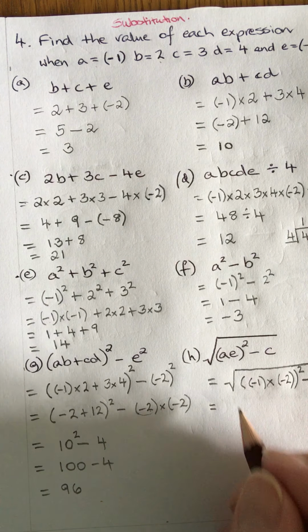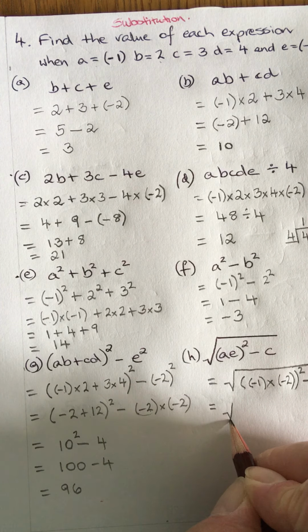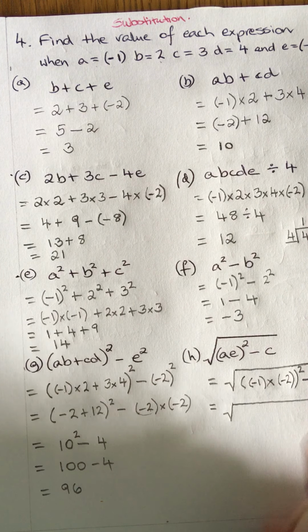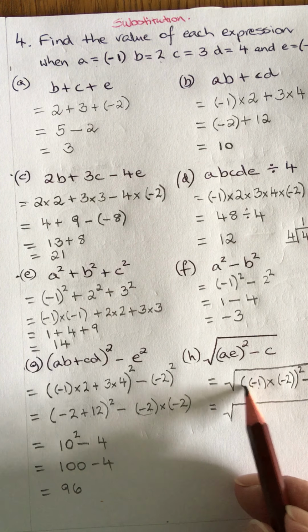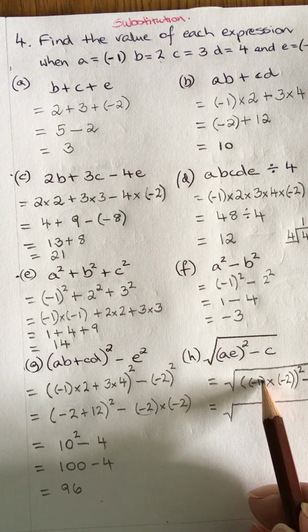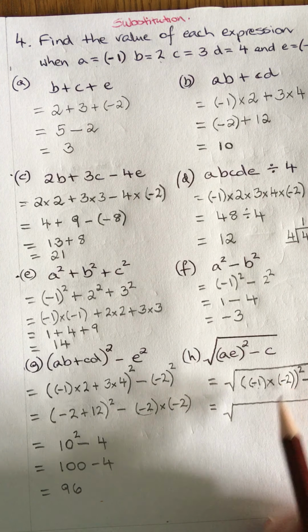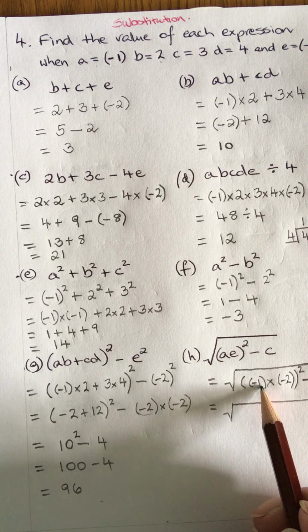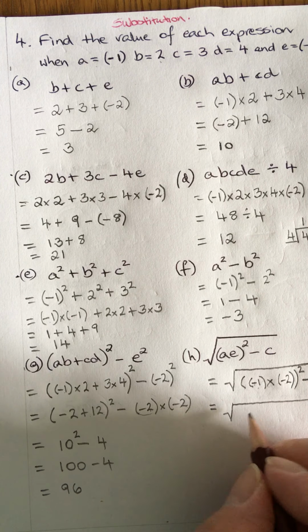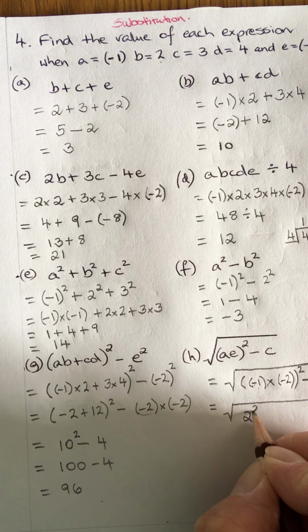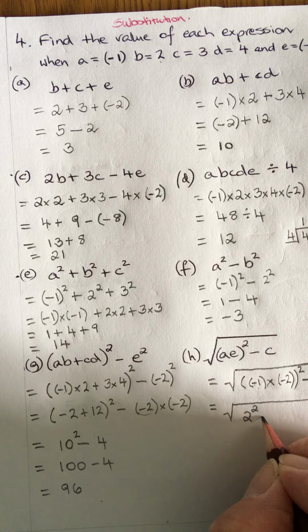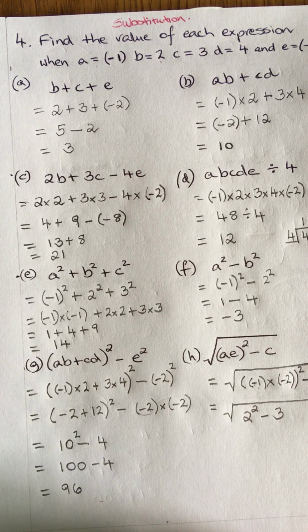Okay, so keep the square root sign. Right, let's do this first. -1, because it's in the bracket here. So -1 times -2. A negative times a negative is a positive. 1 times 2 is 2. So this bracket here becomes 2. And the whole thing is squared, minus 3.